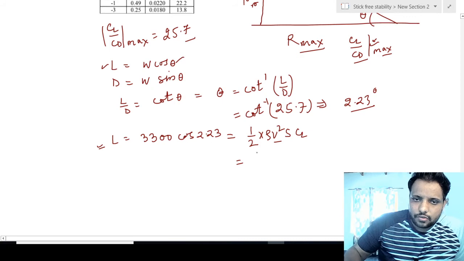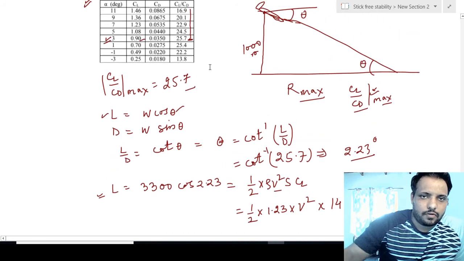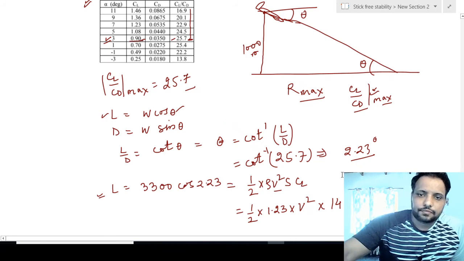So half into density, which is 1.23. We have to find out the value of velocity. The surface area is 14.1. The CL value is 0.9 for a CL by CD of 25.7. So this is the value of CL, 0.9.